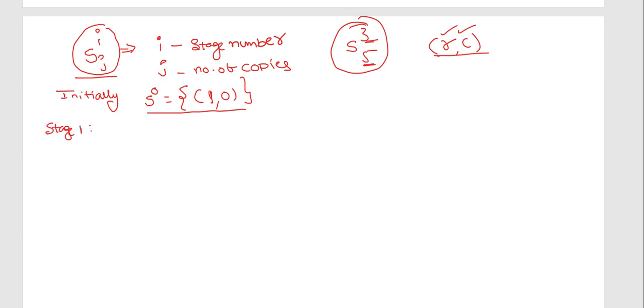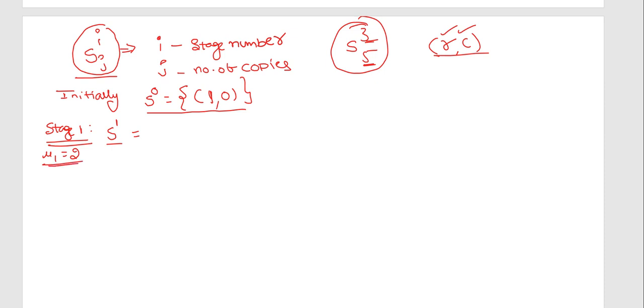Now I am calculating stage 1. If you understand any one stage, then the remaining process is simple. So for stage 1, S power 1, you need to calculate this. Initially we get the U1 value, which is equal to 2.